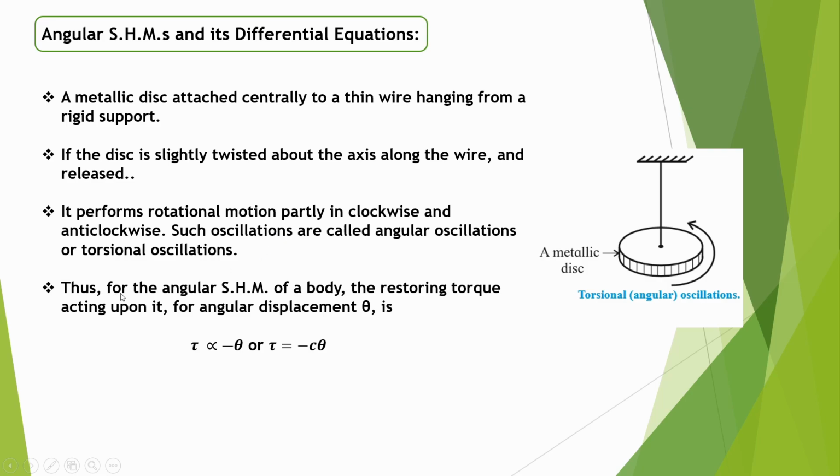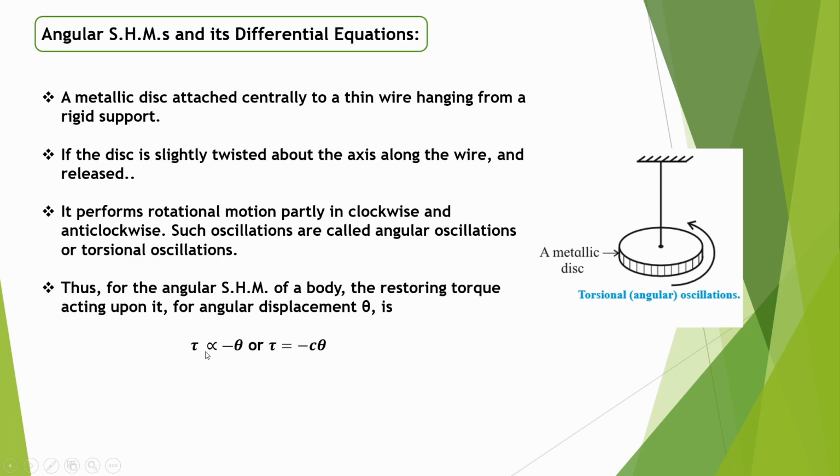Thus for angular SHM of a body, the restoring torque tau acting upon it, for angular displacement theta, is directly proportional to the angular displacement theta and in the opposite direction.